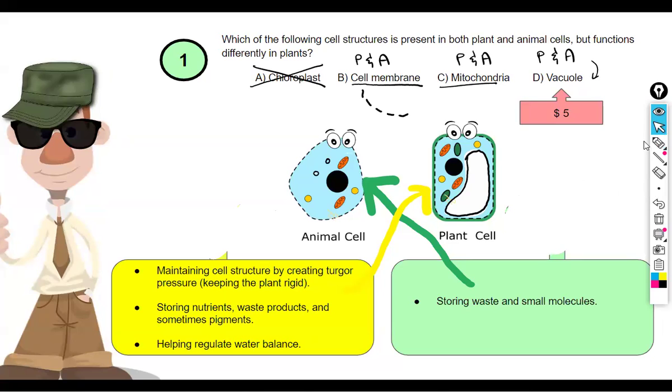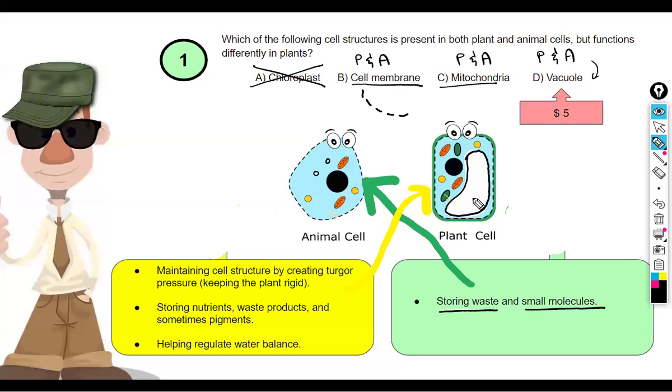Right. In an animal cell, the vacuoles are very, very small, and their main function is to store waste and other small molecules. So that is what the vacuoles in an animal cell do. That's a major responsibility. However, in a plant cell, this helps maintain the shape of the cell.